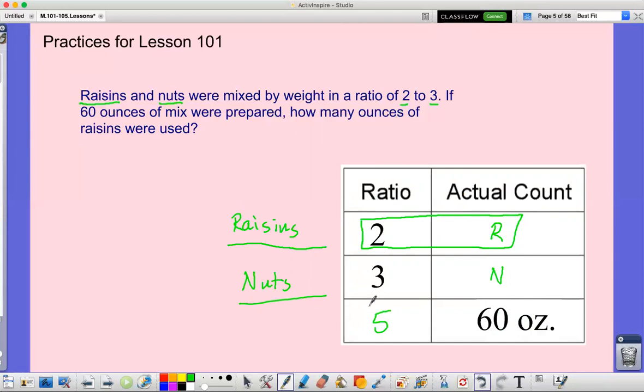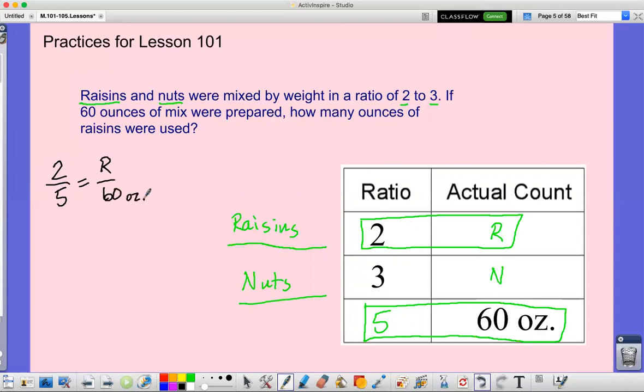We need to use this one, and we need to use this one in order to find that missing information. If we use this one and this one, it won't work because you need to have 3 pieces to find the 4th. Okay, so this equation that occurs from this is 2 is to 5 as R is to 60 ounces.